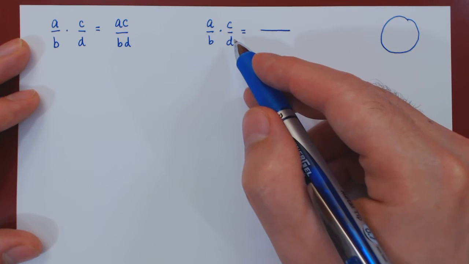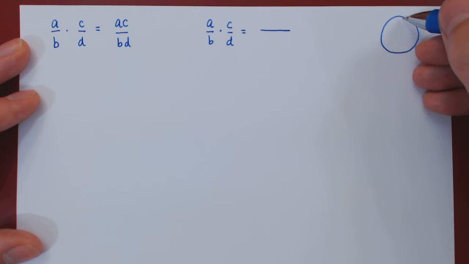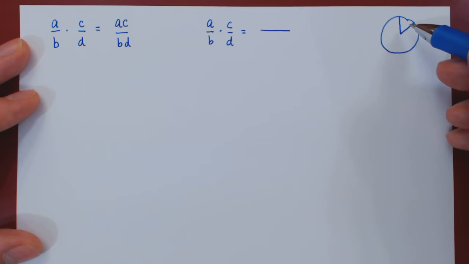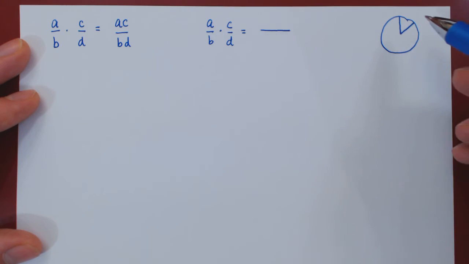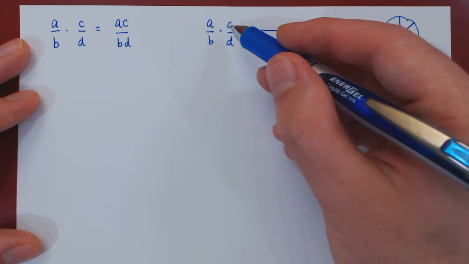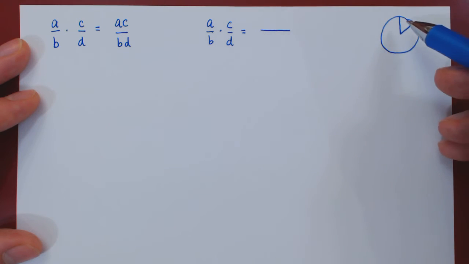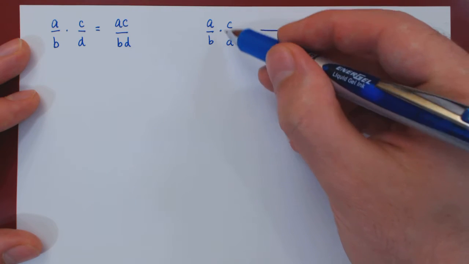Now we divide the circle into d parts of equal size. Let's consider only one of those parts. So imagine this is one of those d parts, and out of those d parts we take c of them. So we have now c of those in the original fraction.